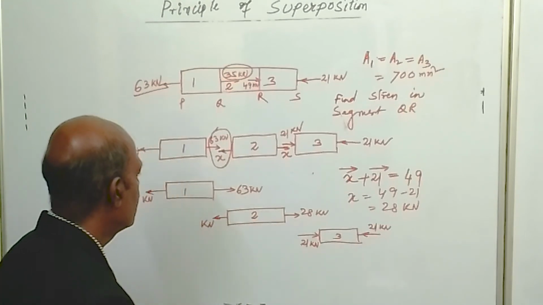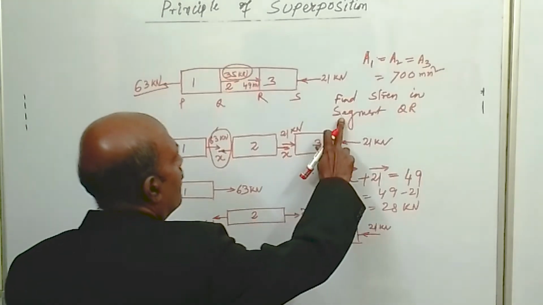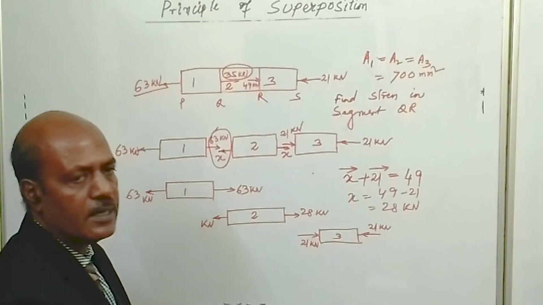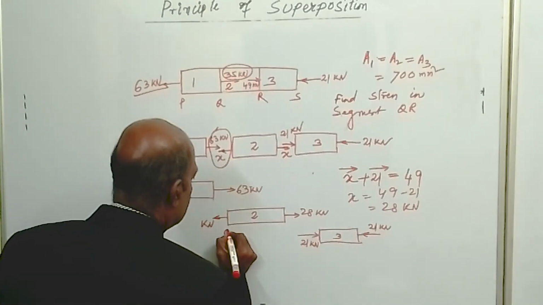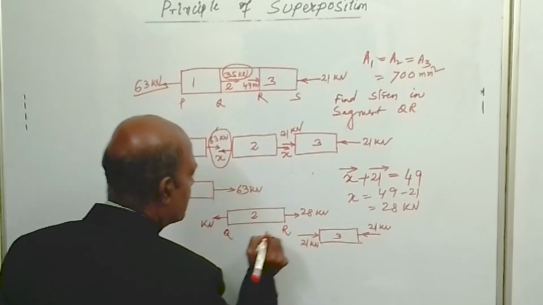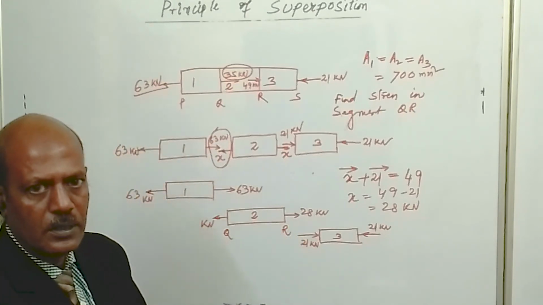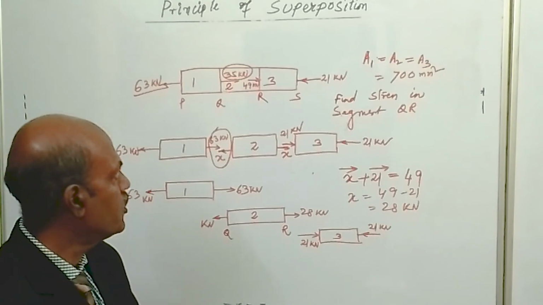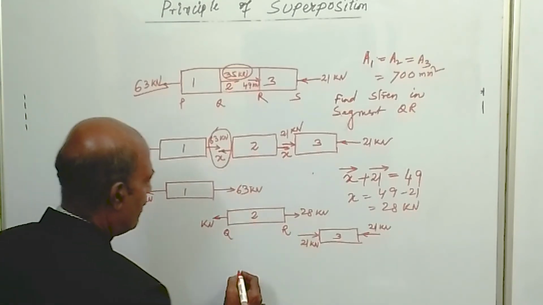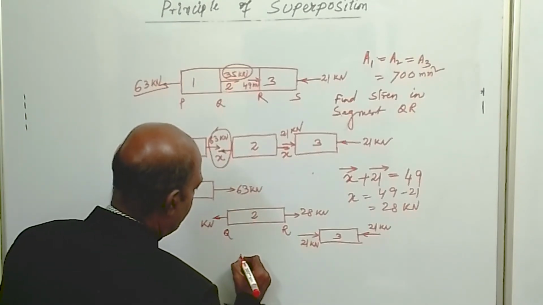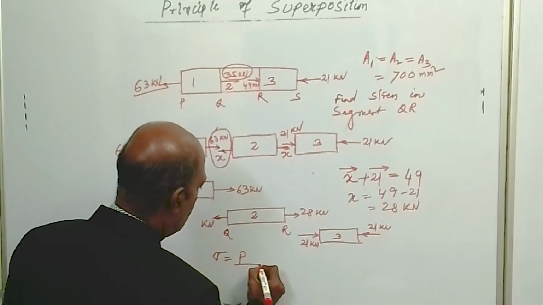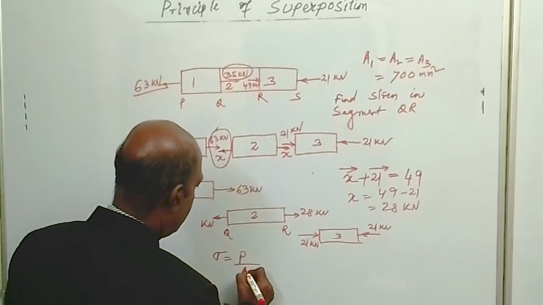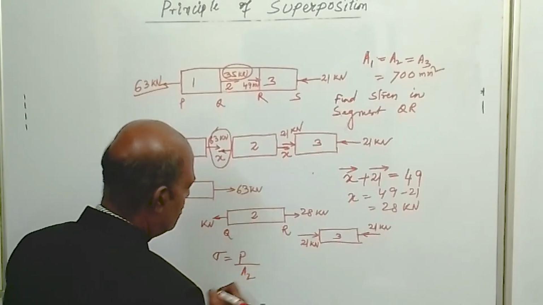Okay. Now the problem is you have to find the stress in segment QR. This is the segment QR, that is the second segment. So in this segment, what is the stress developed? Stress developed is given by sigma is equal to load by area, or resistance developed by area of section 2.